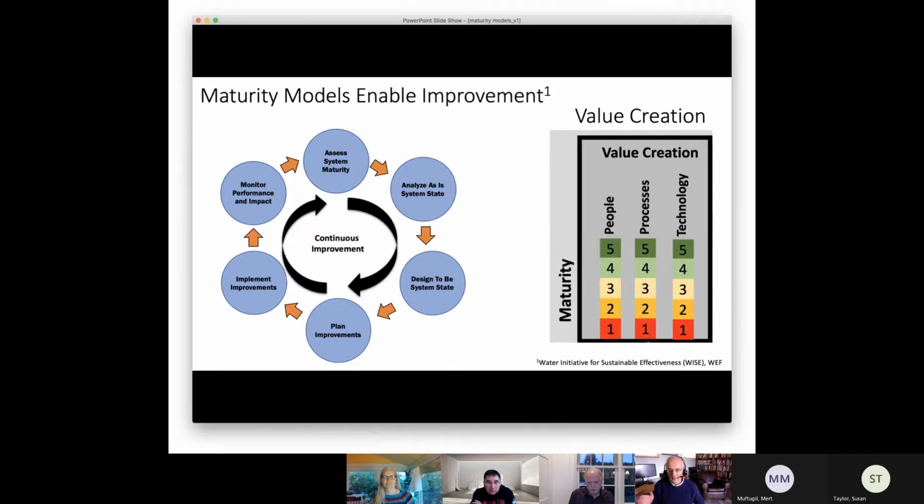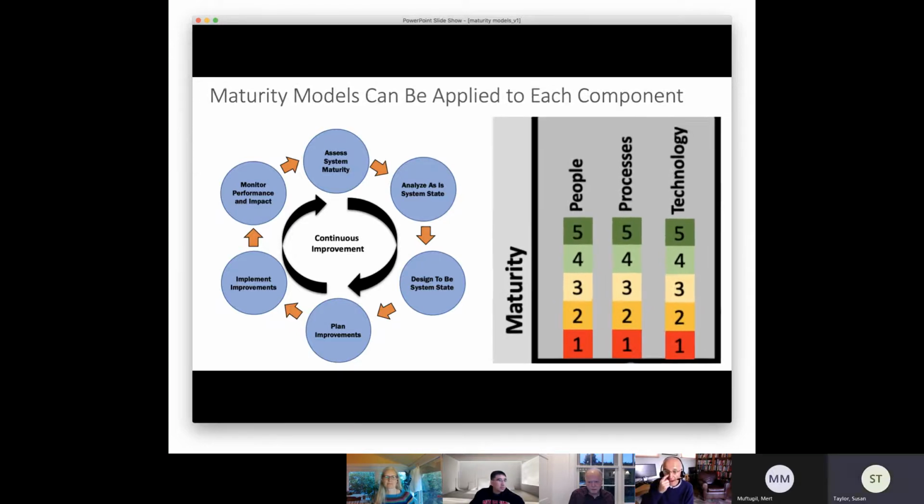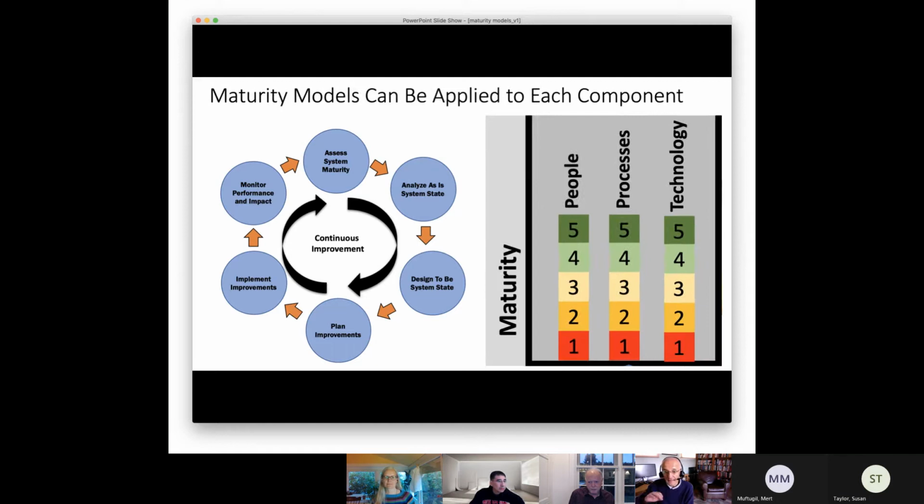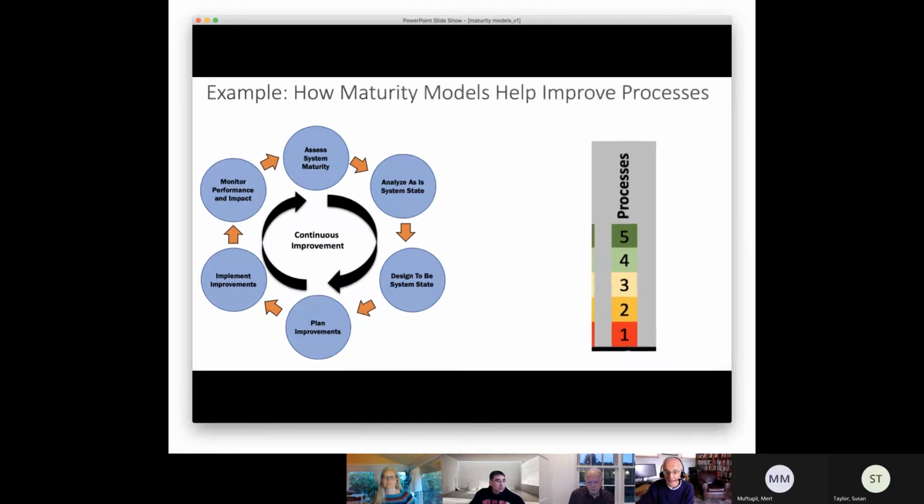This is part of that paper: a continuous improvement cycle that starts with assessing maturity, with numbers from 1 to 5 for people, process, technology, then analyzing, designing a better system, planning improvements, implementing, and then monitoring impact. These maturity models can be applied to any of these components, whether it's people, process, or technology.